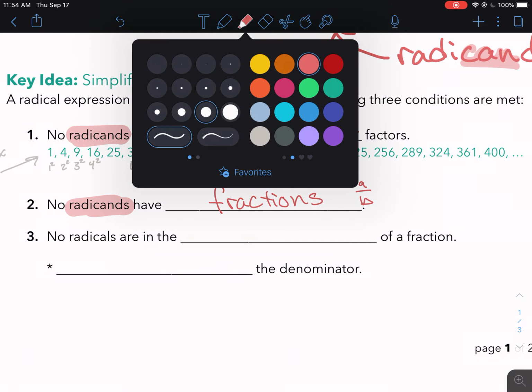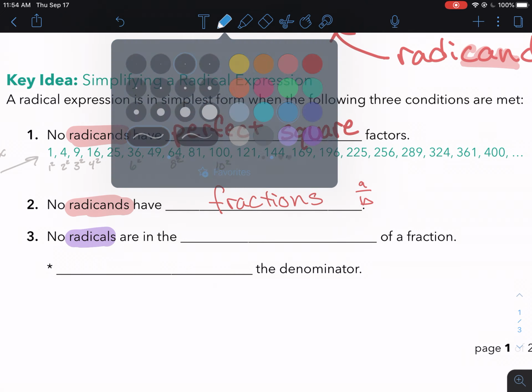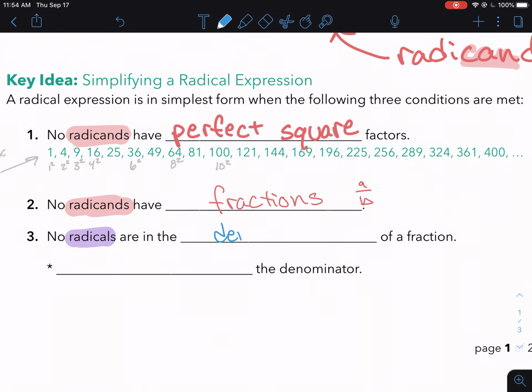So we don't want any radical symbols in the denominator of a fraction. We're going to do something that's called rationalizing the denominator. I'll show you what that means.